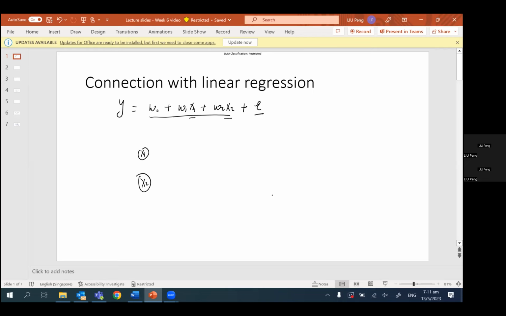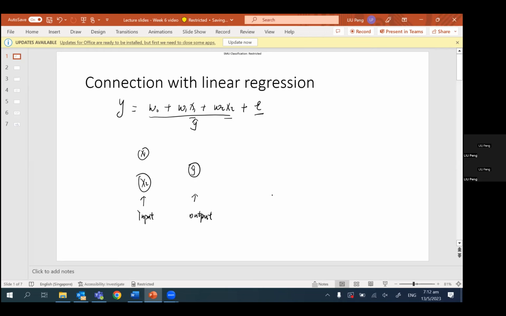This is what we call the inputs, or input layer. And then we have one output, the target y, or y hat, the prediction of the model. So we have the input layer and the output layer.